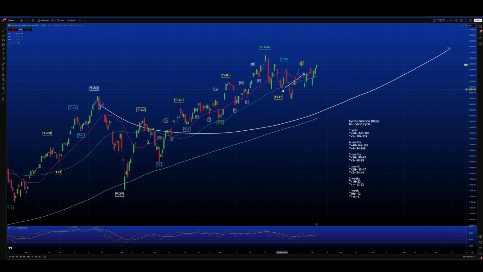So here I was expecting a T+2, because we were close to the maximum duration for a T+2.